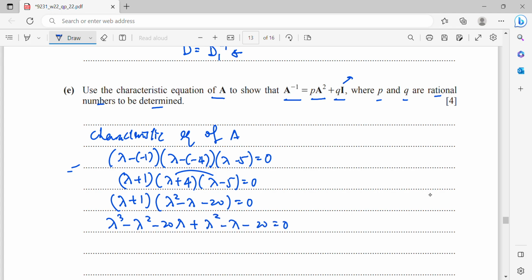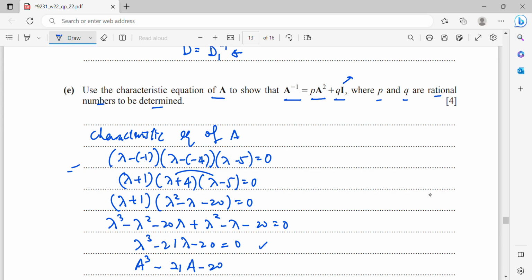Now simplify this, you'll be getting a cubic equation in terms of lambda. This is the characteristic equation of A, so you can simply change this to matrix form. So here it becomes matrix A cubed minus 21 matrix A minus 20.